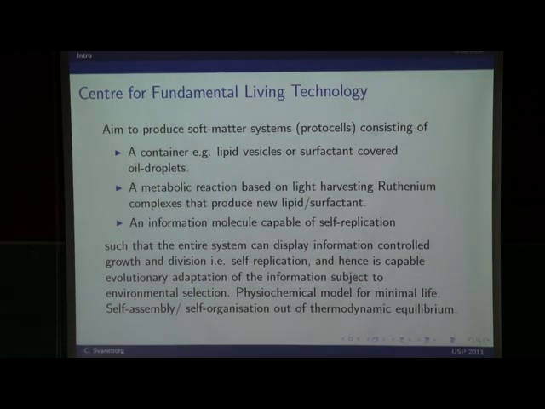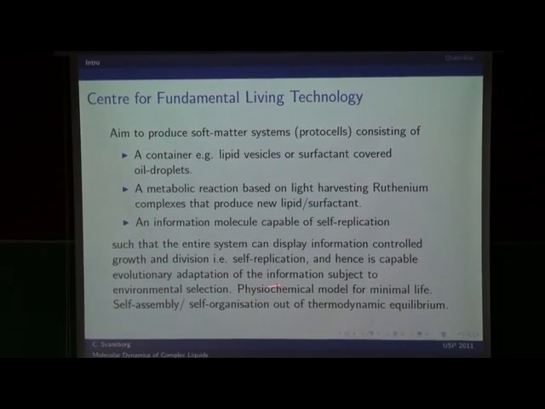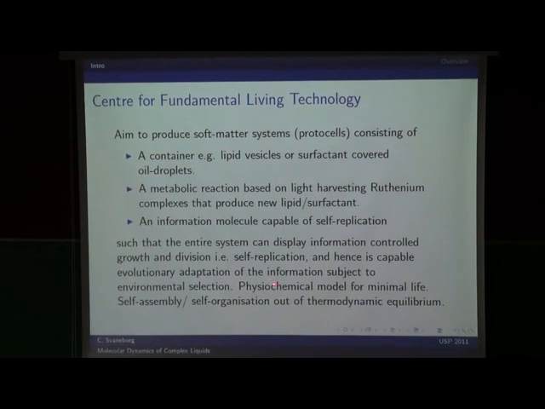If we have a soft matter system that can display self-replication, then the ultimate goal is to have it capable of evolutionary adaptation of the information content subject to the environment we put this system into. This is basically a physiochemical model of the basic minimum requirements for having life, living systems. So this is why we have living in the title. With technology, we are still not sure what this really means.